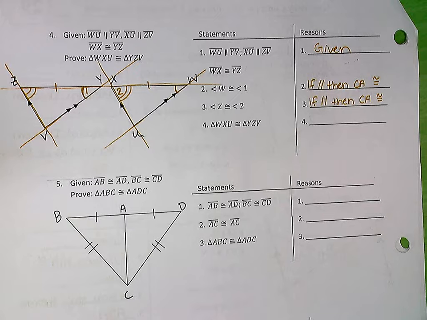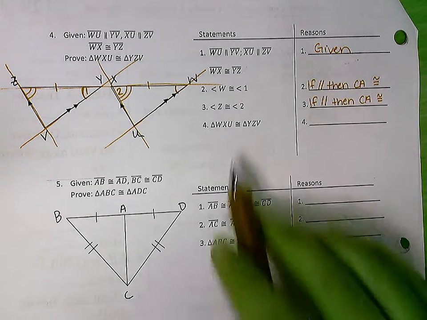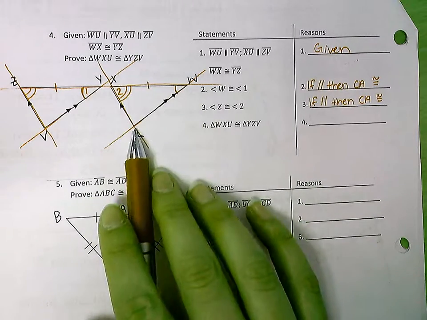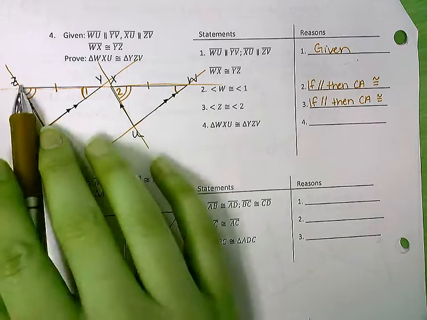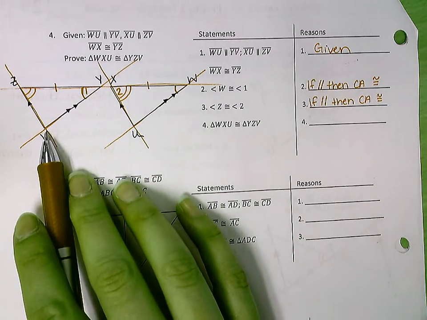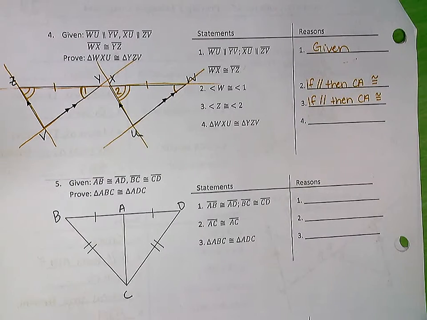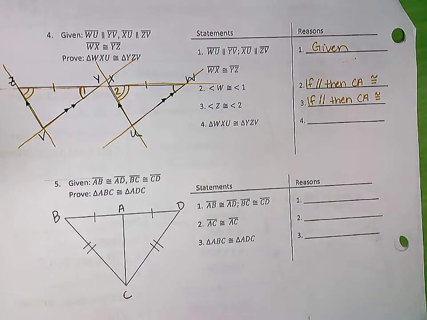Now I have enough information to prove those two triangles are congruent. Triangle WXU and triangle YZV. What would be my congruence for those two? Do you remember? If I go in order, what is it?